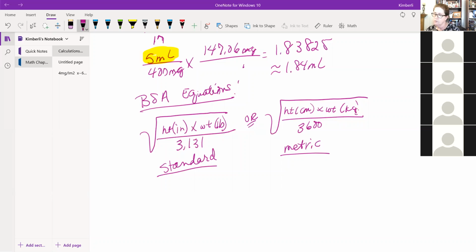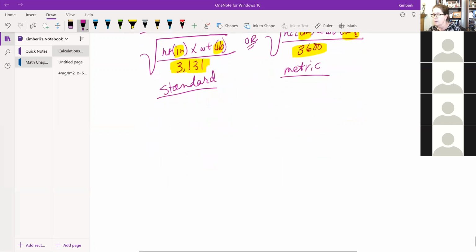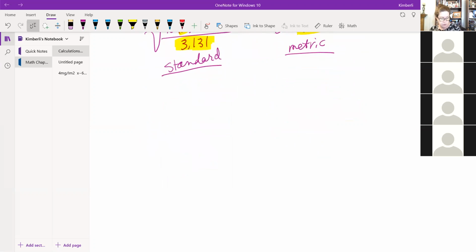Okay, so the standard one uses inches and pounds and this constant, and the metric one uses centimeters and kilograms and that constant, okay? So if you look at your nomogram and then play with that equation, you should come up with a very, very similar amount.